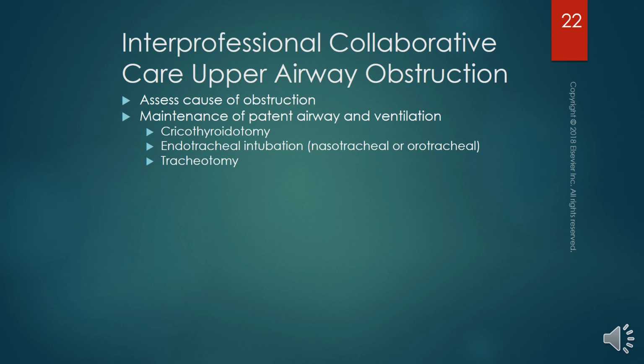So what is a cricothyroidotomy? A cricothyroidotomy is an incision made through the skin and the cricothyroid membrane to establish a patent airway during life-threatening situations. It's a temporary airway. So a permanent tracheotomy should be placed within 24 hours.